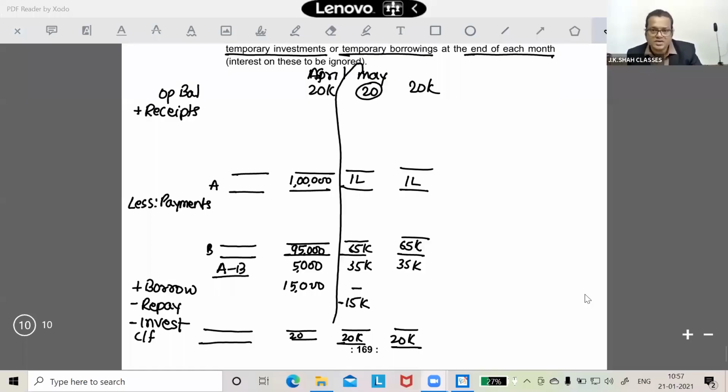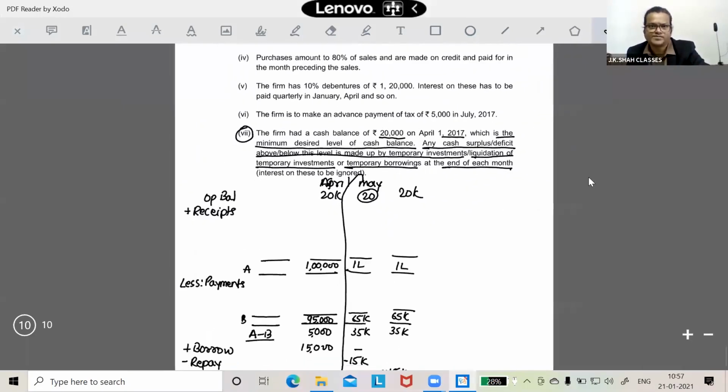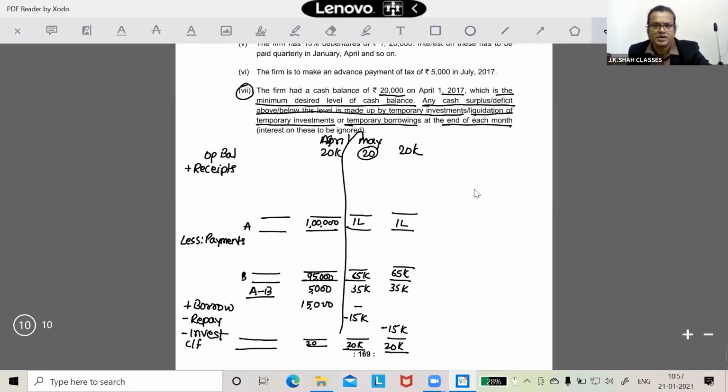See, we have to go with the numbers, follow the instructions given in the question. So we'll invest 15k. We'll move on. See, this is the meaning of that. So now when you solve, you'll be able to tackle with it. In case you just want to make a note of this.